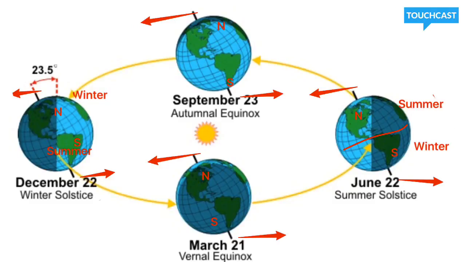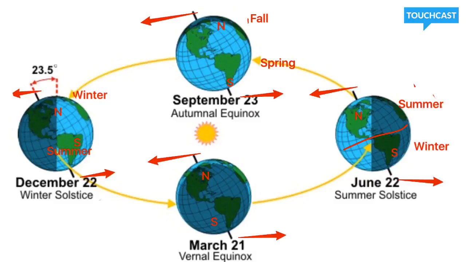Alright, if this one was summer, then the northern half over here will have fall next. And then the southern half will have spring. Now, once again, one easy way to remember this is, once you've found winter and summer, you follow the pattern.